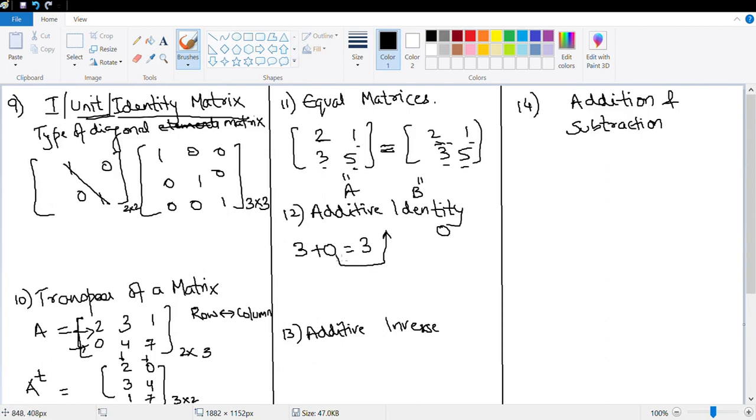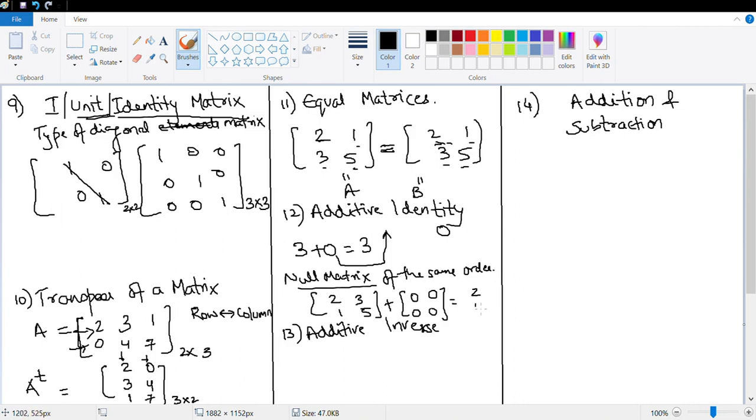Similarly, for a matrix, a null matrix of the same order is always the additive identity. For example, 2, 1, 3, 5 plus 0, 0, 0, 0 will always give me 2, 1, 3, 5. This is the additive identity.